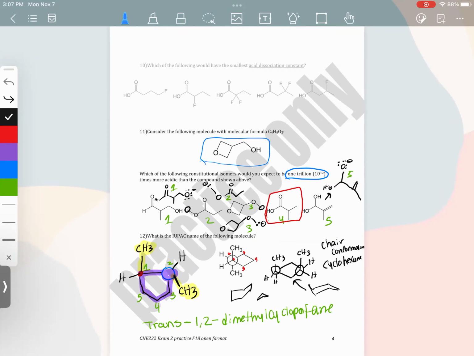You do have to take that into account when you're making your conjugate base too. In this case, we do happen to come across a conjugate base that can resonate. So when you come across a resonance, that would be the most stable conjugate base, which means that the molecule that the proton was donated from would be more acidic.